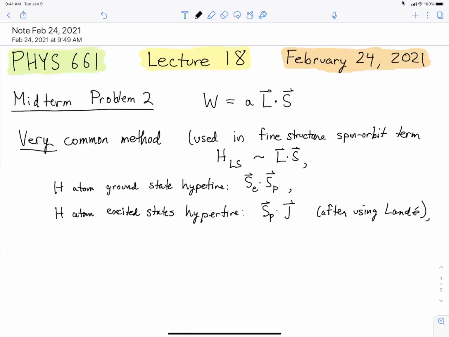This week, we are going to be using it yet again for multi-electron atoms, where again it shows up as the dot product of orbital and spin angular momenta.